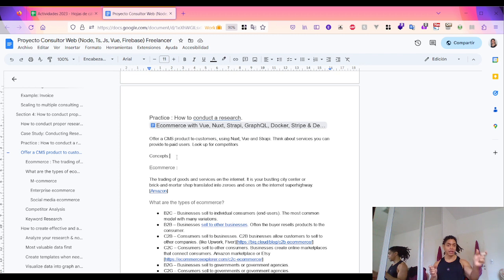Based on what Amazon mentioned, e-commerce is the trading of goods and services on the internet. So you can think of your bustling city center, or your brick and mortar shops, converted into zeros and ones on the internet superhighway.